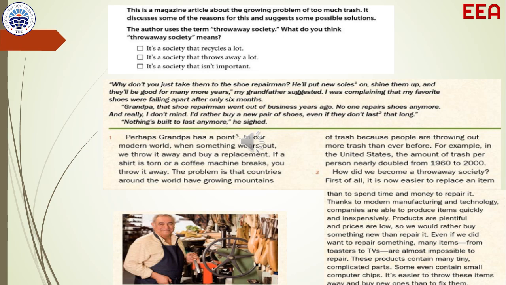Even if we did want to repair something, many items, from toasters to TVs, are almost impossible to repair. These products contain many tiny, complicated parts. Some even contain small computer chips. It's easier to throw these items away and buy new ones than to fix them.